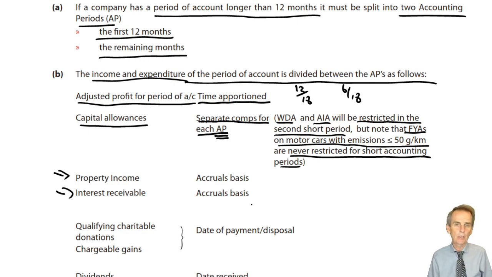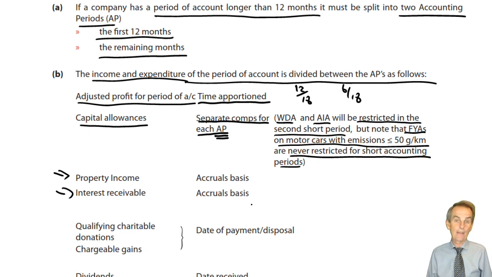So you did not deduct interest payable on non-trading loans in your trading income calculation, nor indeed in your property income calculation, because you may remember that probably the most likely form of non-trading loan would be borrowing to purchase or improve a rental property.